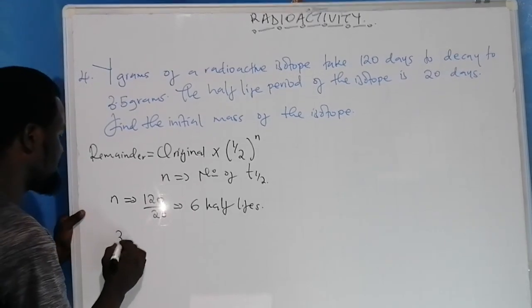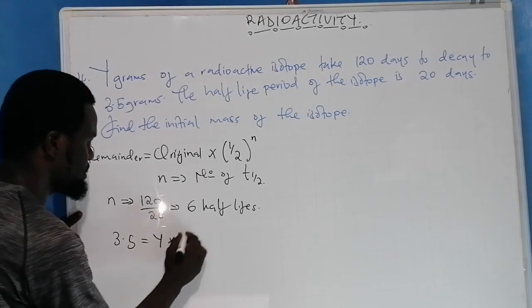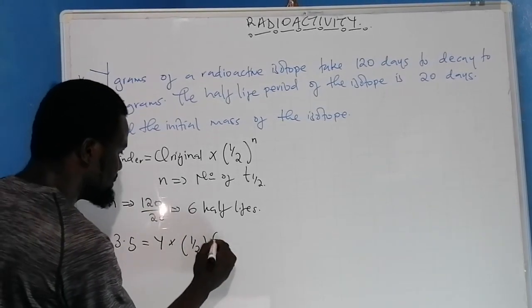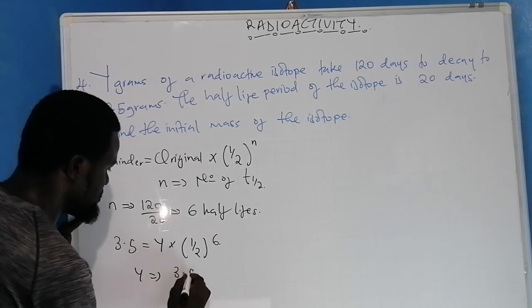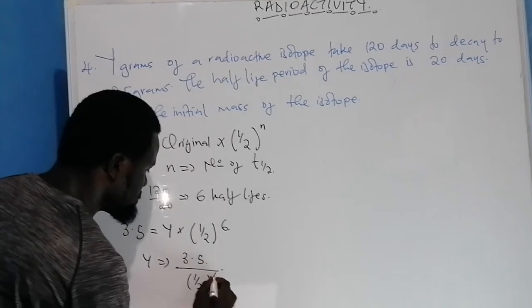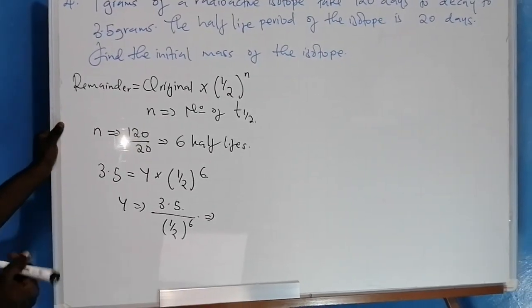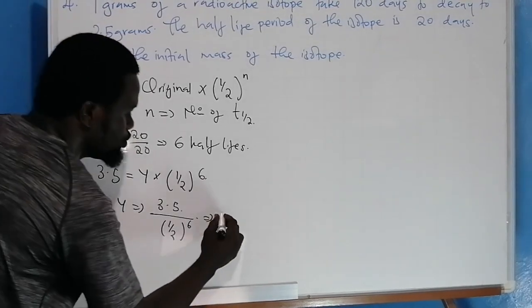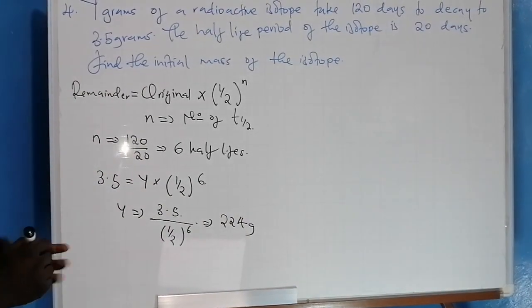Therefore, 3.5 is equal to y times a half power 6. It therefore means that y will be equal to 3.5 divided by a half power 6. If you use your calculator, the answer will be 224 grams.